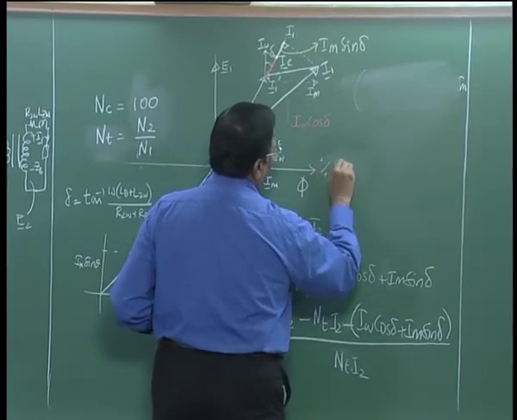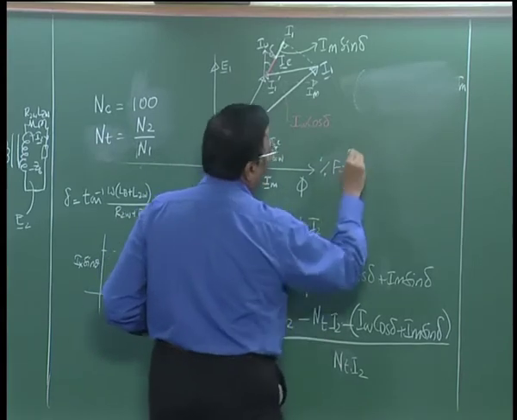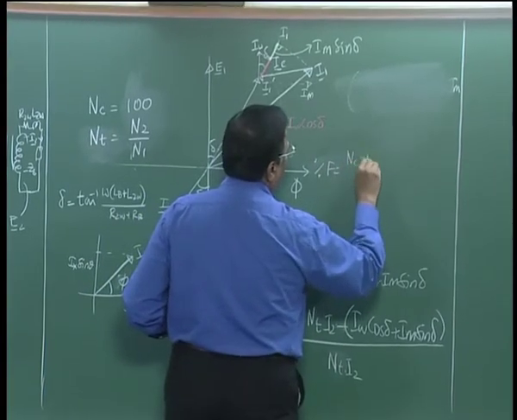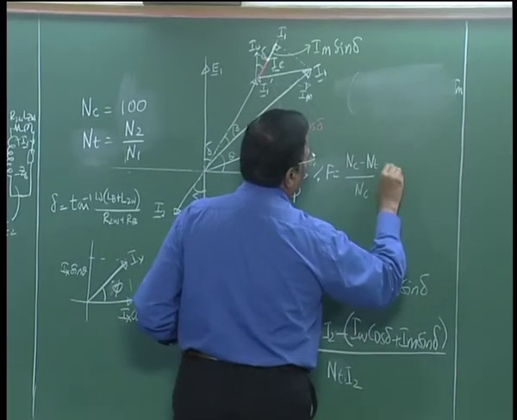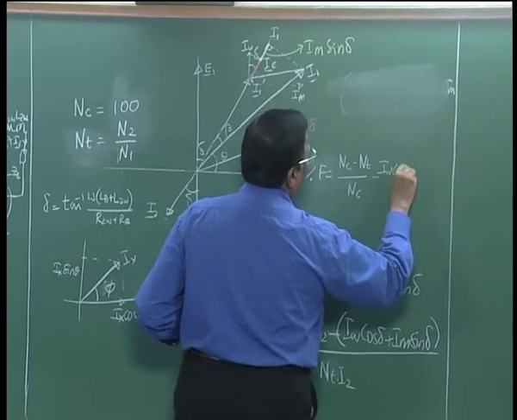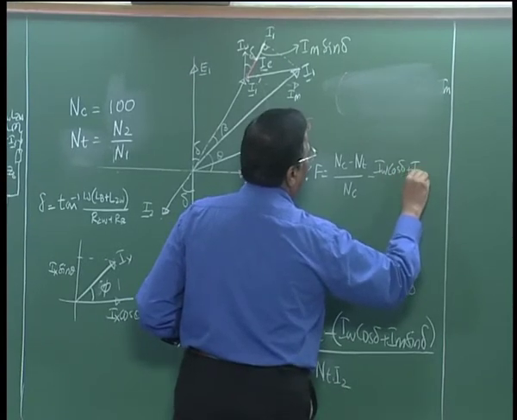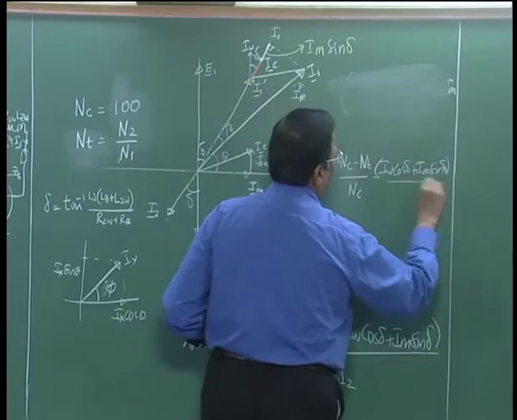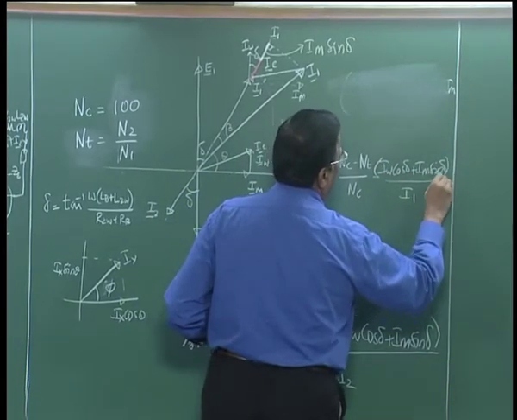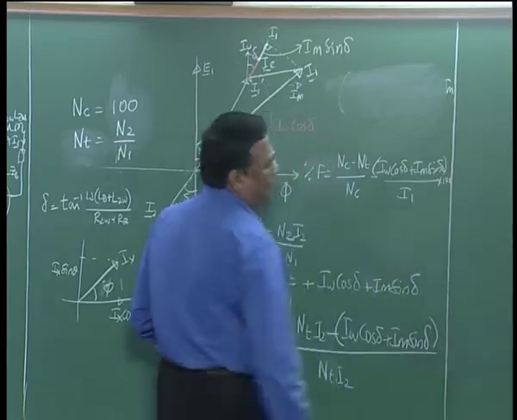Percentage F is equal to NC minus NT by NT minus IW cos delta plus IM sin delta by I1 into 100, right.